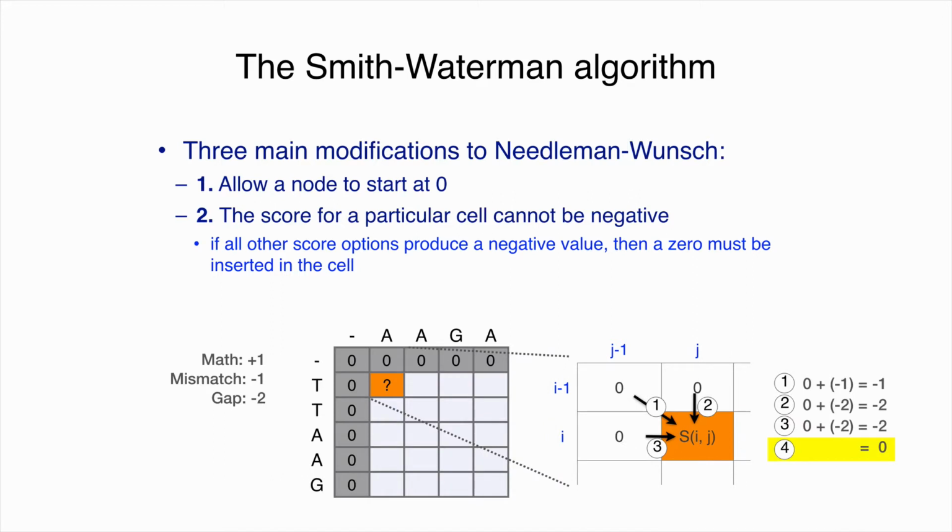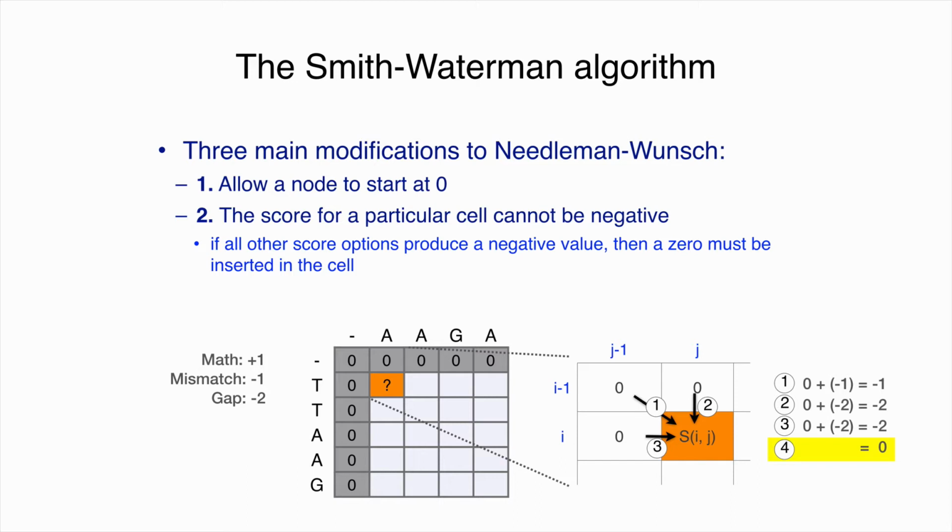Okay, so if we zoom in here, we'll still score things just the same. So in this particular value here, the second modification, that we're never going to put negative values in here, we'll still score things and go through cell by cell using the three preceding values just as before, but we have this extra condition highlighted in yellow here, where if we score below 0, as in this case, we've got our position 1 that would yield a negative value that's going from the diagonal, position 2 coming from straight across, this yields a -2, and the same thing for going from the left position.